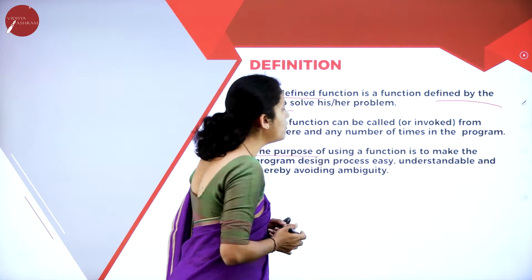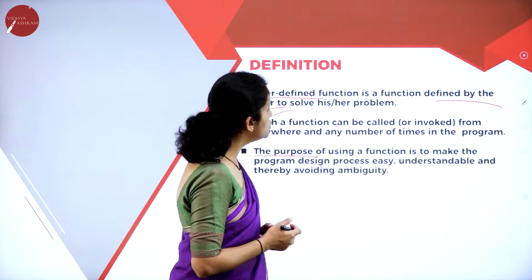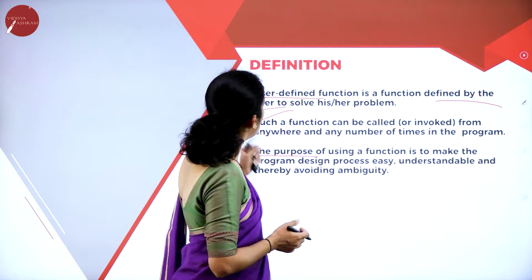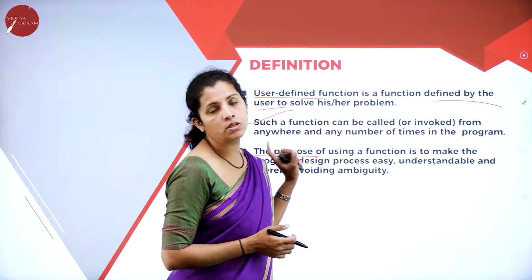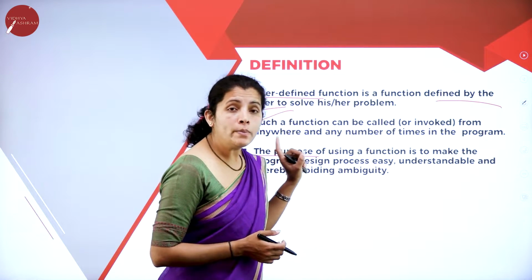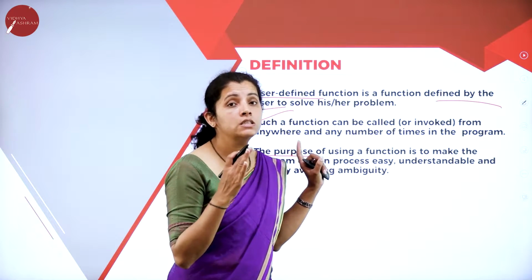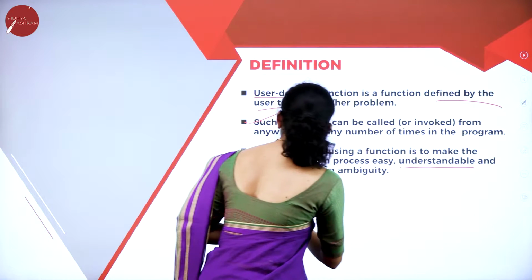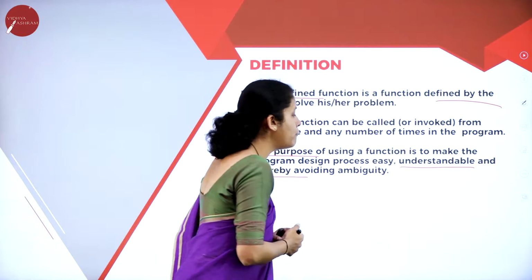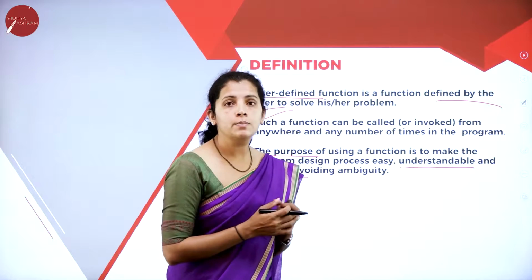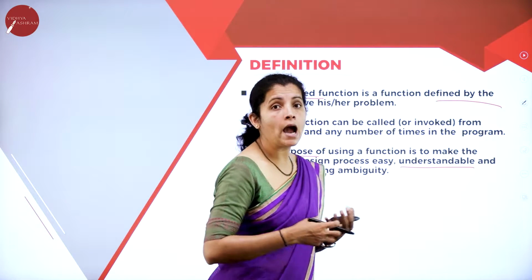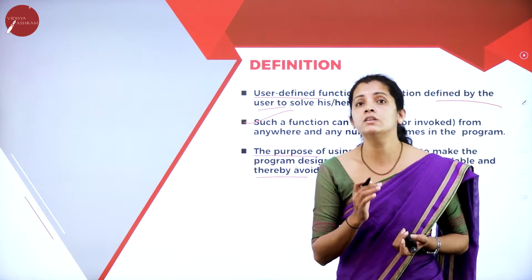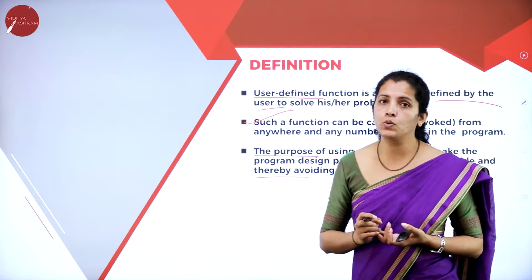The purpose of using a function is to make the program design easy. So why do I require a user-defined function? To make the programming process easy, simple and understandable, and thereby avoid ambiguity. If I want to avoid ambiguity, then I can use user-defined functions in my program.